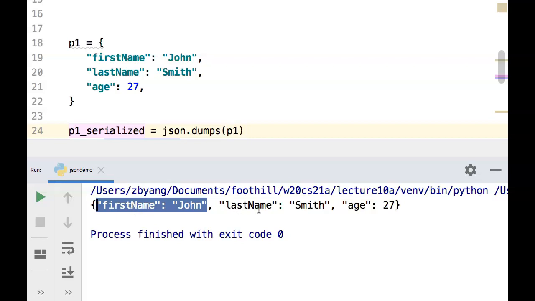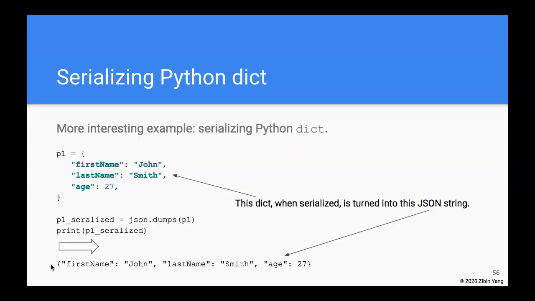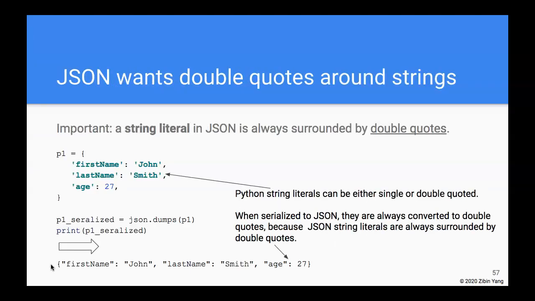So first name John, last name Smith, age 27. Now, one thing I point out, remember that in Python, string literals can be in either single quote or double quote. It doesn't make a difference.